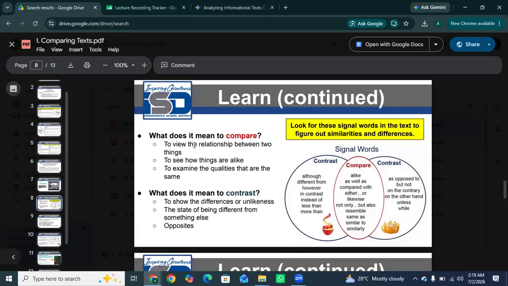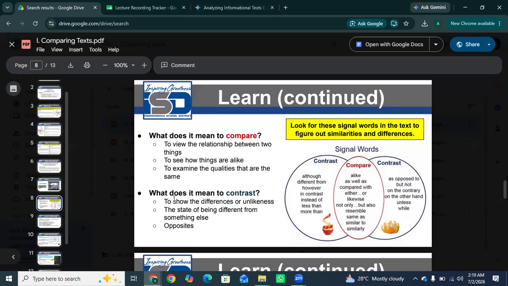So what does it mean to compare? Comparing means looking for how things are alike or the same. You have to check the options: to view the relationship between two things, to see how things are alike, to examine the qualities that are the same. So the answer is to see how things are alike.